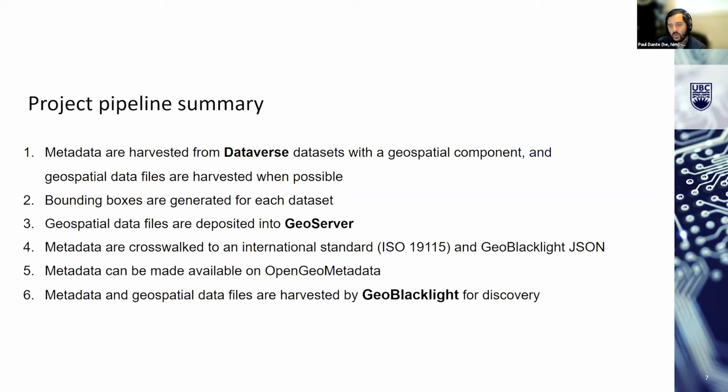We then crosswalk the metadata into two different forms: one is ISO 19115, and the other is GeoBlacklight JSON. We are also pushing both those metadata files to OpenGeoMetadata, so they're available for anyone else to grab. And then GeoBlacklight harvests or indexes the GeoBlacklight JSON files that we've created.